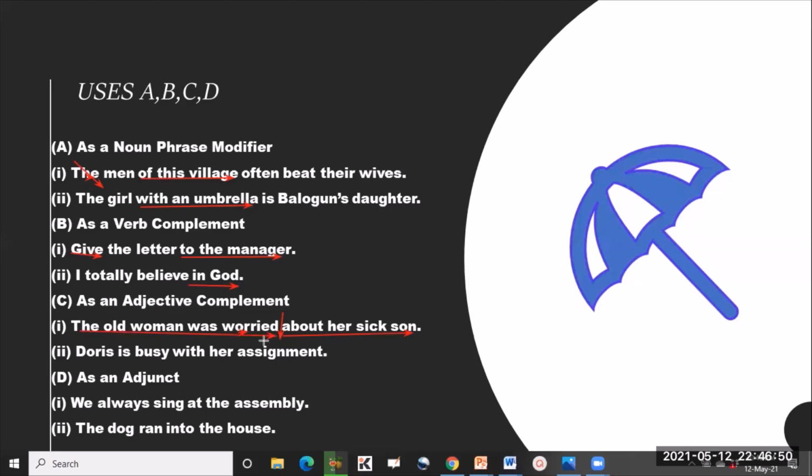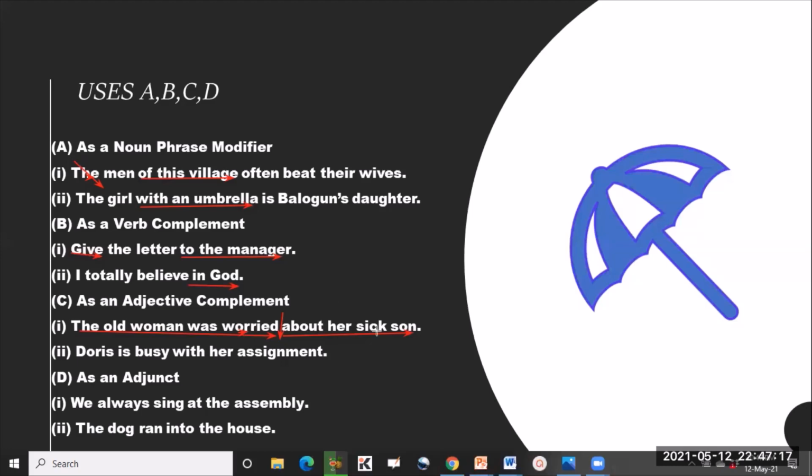When you say the woman was worried, someone will naturally ask, worried about what? So that is why about her sick son completes the meaning of the adjective worried. If you say someone is worried, then the listener will want to know what he's worried about.